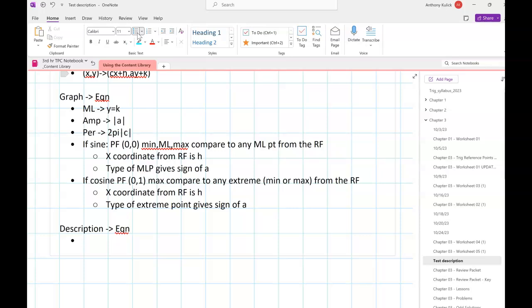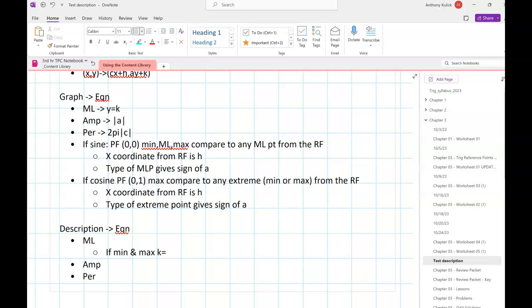To go from a description to an equation, again, we want to start by finding kind of the same three things. But here it's going to be a little different, right? Because we could find that midline in a couple of different ways, right? So if we have a min and a max, then we have a formula for that, right?